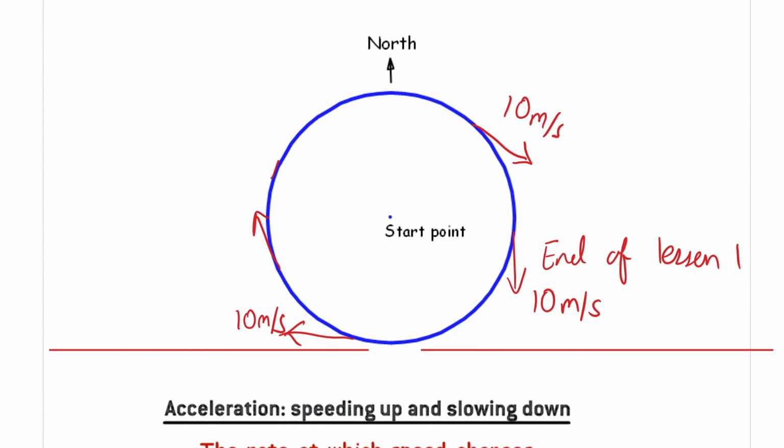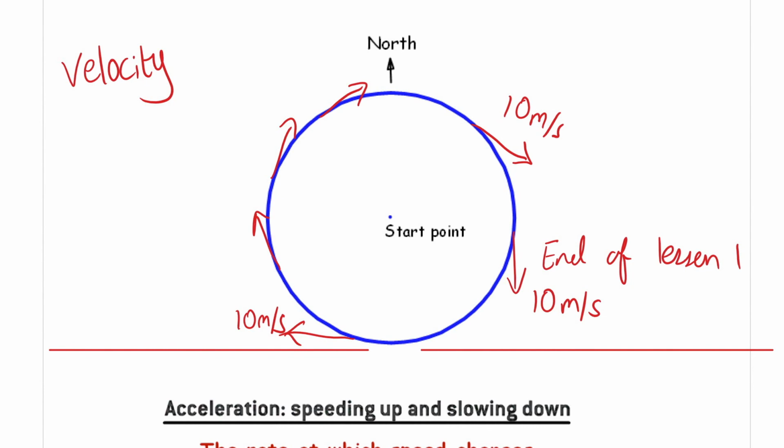It's continually changing. And if its direction is changing, its velocity must be changing, because velocity not only depends on the size, it depends on direction.